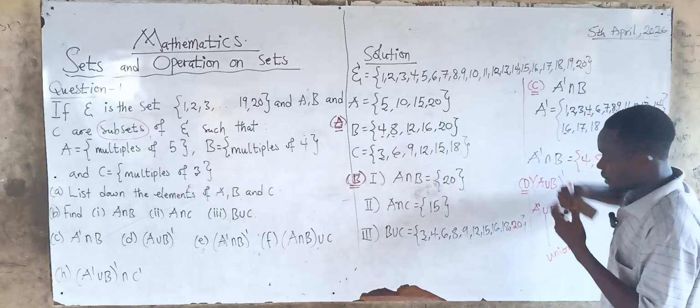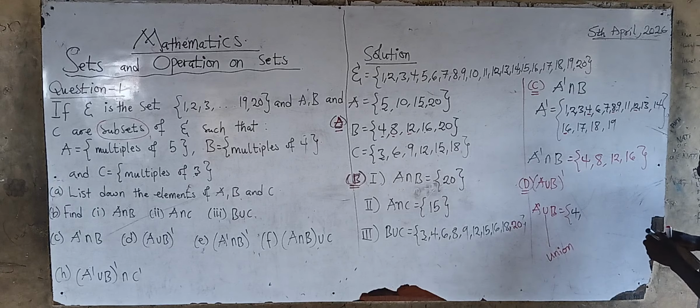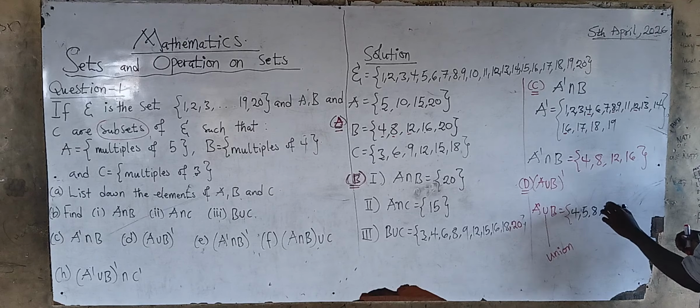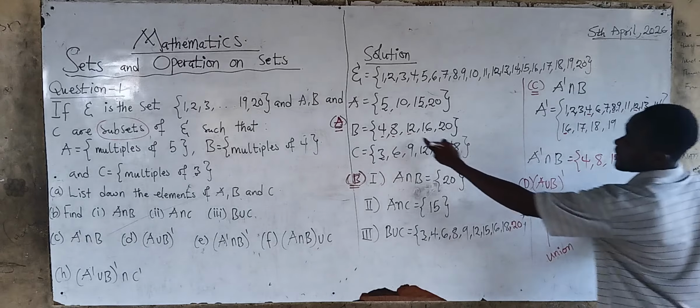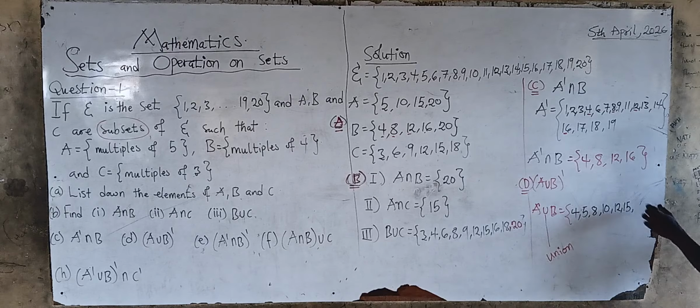That means union. So starting from the least one, I have 4. I have the next one, which is 5. I have 8. I have 10. I have 12. I have 15. I have the next one, which is 16. Then I have 20.